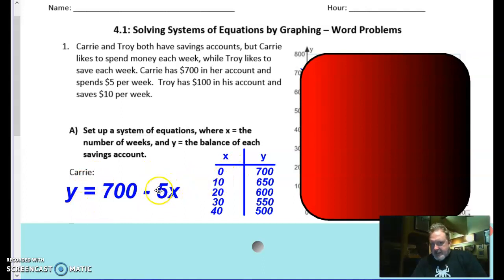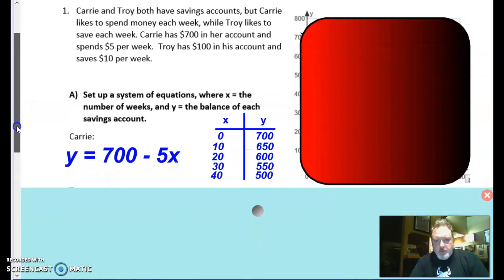I plugged 10 in for X, so 5 times 10 is $50. Her account is going down $50 every 10 weeks. So 700, 650, 600. At 30 weeks, another 50. At 40 weeks, another 50. We could keep going, but that was enough points to get the graph, which I'll show you in a moment.